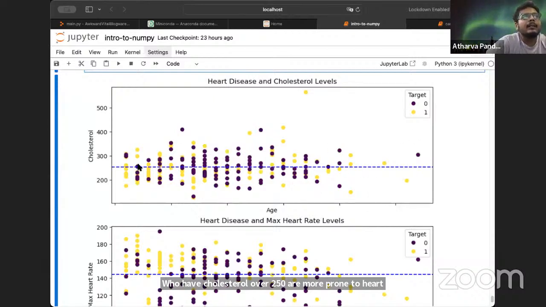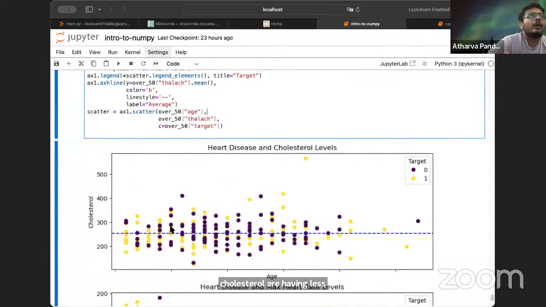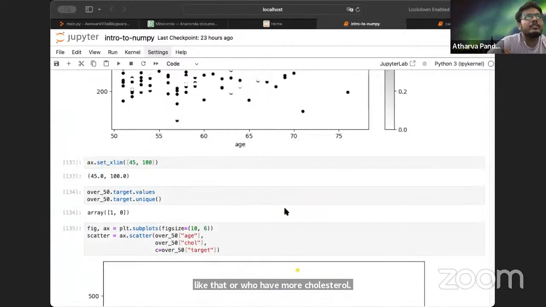And the people who have less than 250 cholesterol are having less heart disease, or something like that. So that's the differentiation we are making.